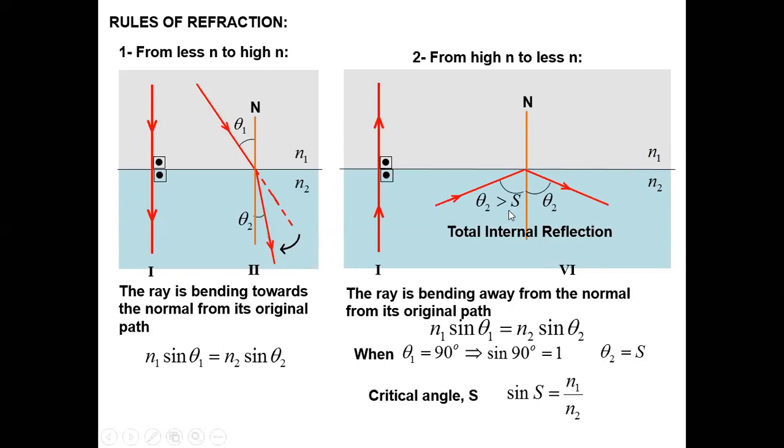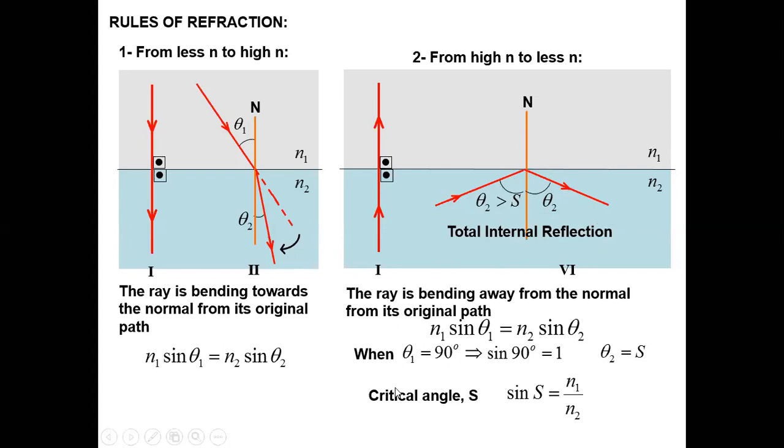So when the critical angle is smaller than the incident angle, then it's going to be total internal reflection. So total internal reflection will happen when the incident angle is greater than the critical angle. Let's say the critical angle is 60 degrees and the incident ray you send is 65 degrees. So it is not going to go past through the second medium. It is going to just reflect inside of the first medium.